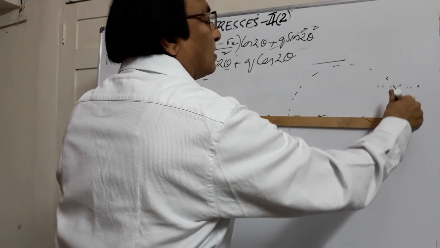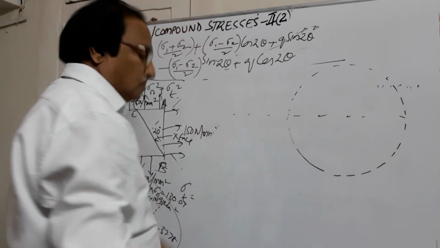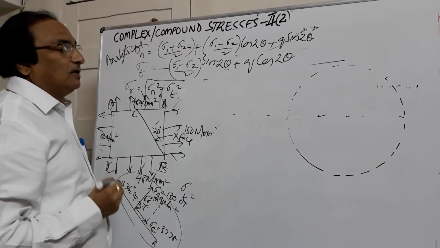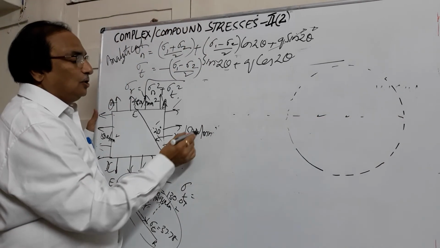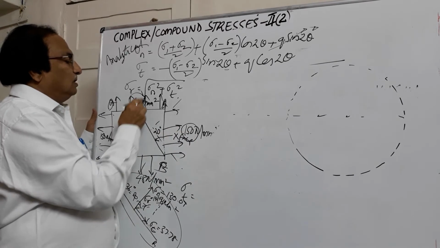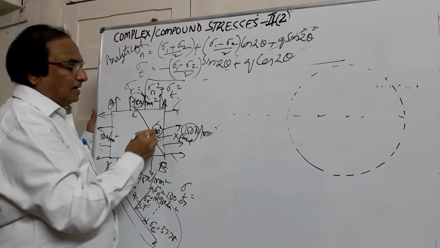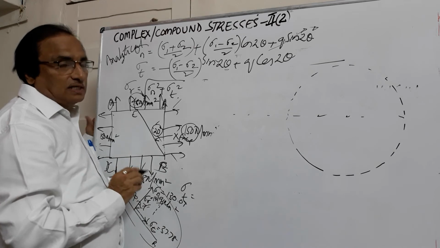So here I have drawn roughly the diagram. Whenever you want to go for a Mohr circle diagram, you know sigma 1, you know sigma 2, you know the angle, and you are required to find out the normal stress and tangential stress.